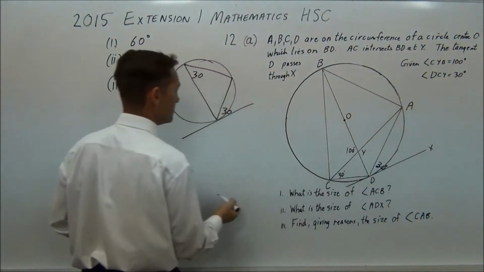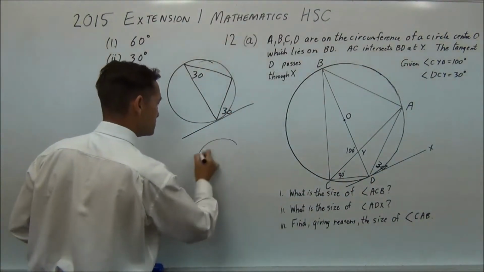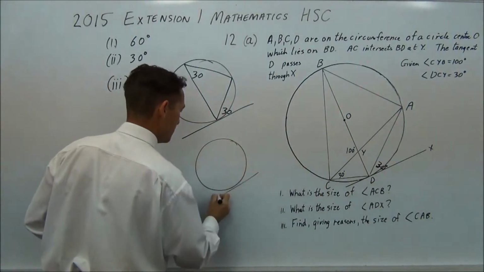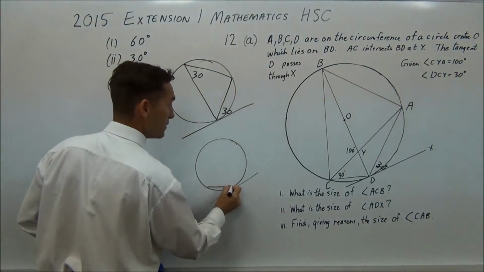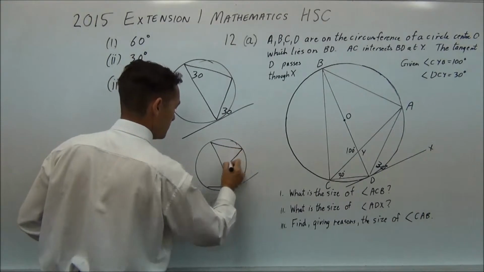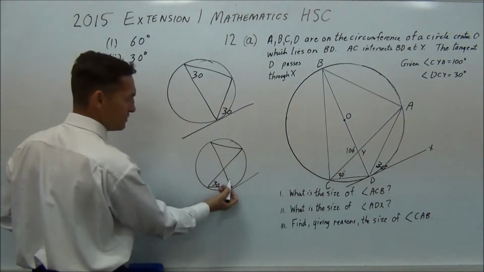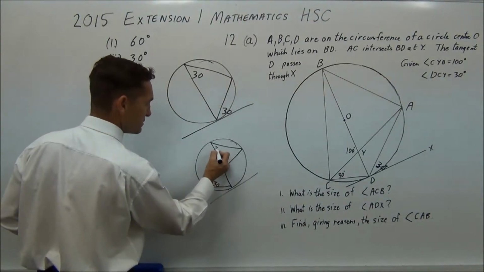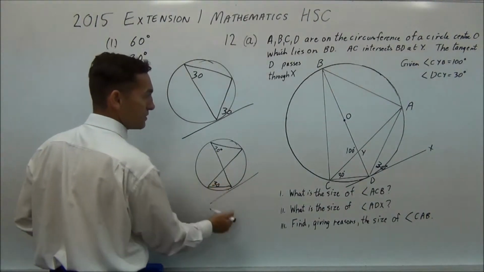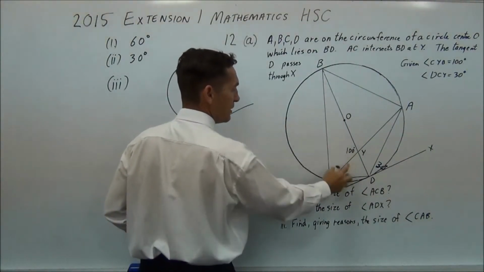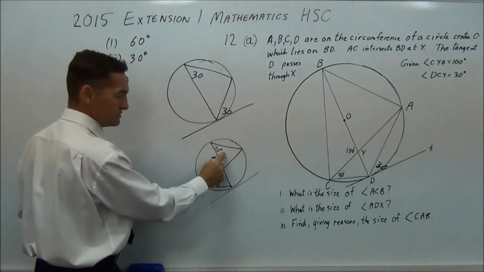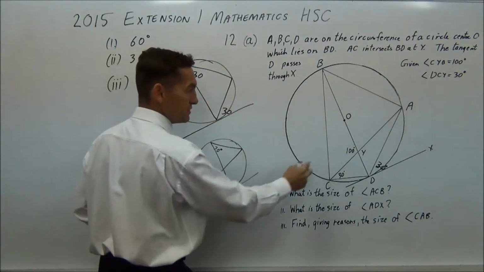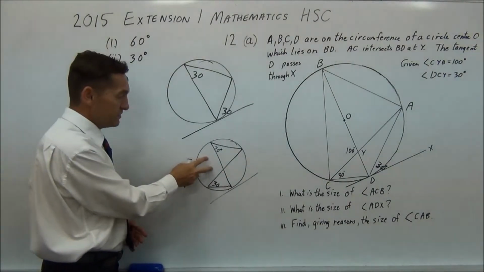You don't even need that one. You could have done it from the start of the question, and you could have said, well, I've got that 30, and you know angles in the same segment are equal, so that's got to be 30. Okay, so that's 30 and that's 30. A bit more tricky to see the angles in the same segment because of the other lines, but you've still got the rule.